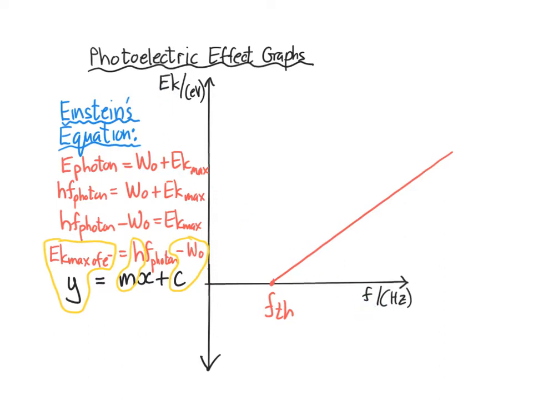And the kinetic energy was a measure of the maximum kinetic energy of electrons leaving a metal surface when irradiated with photons of light or electromagnetic radiation of a high enough energy.